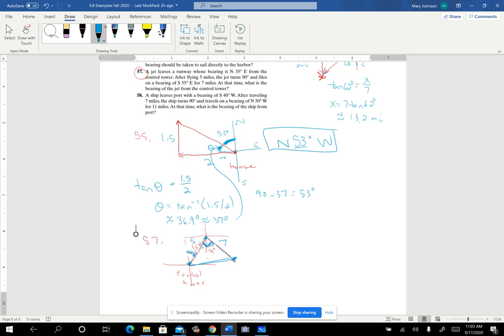What we need is what this turned out to be, this angle right here, so that we can figure out from here what they were doing. Okay, so this is harder than it looks. All right, so let me clean up my picture.